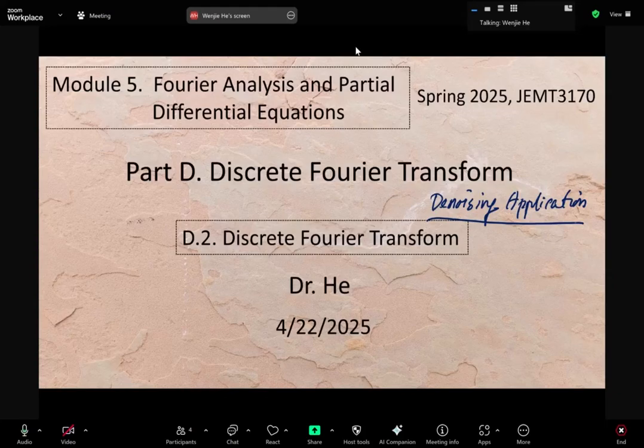But the question is, when you remove the noise from the original file, it's not easy, because the noise part is mixed with the good signal part. How do you separate them? It's hard to separate.